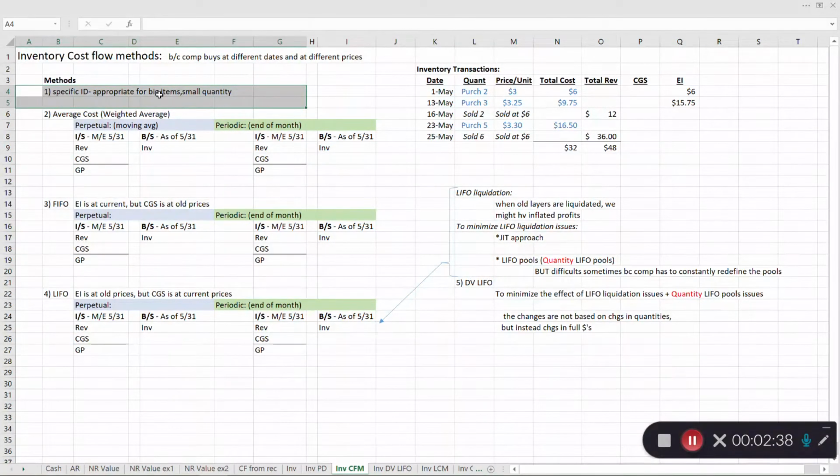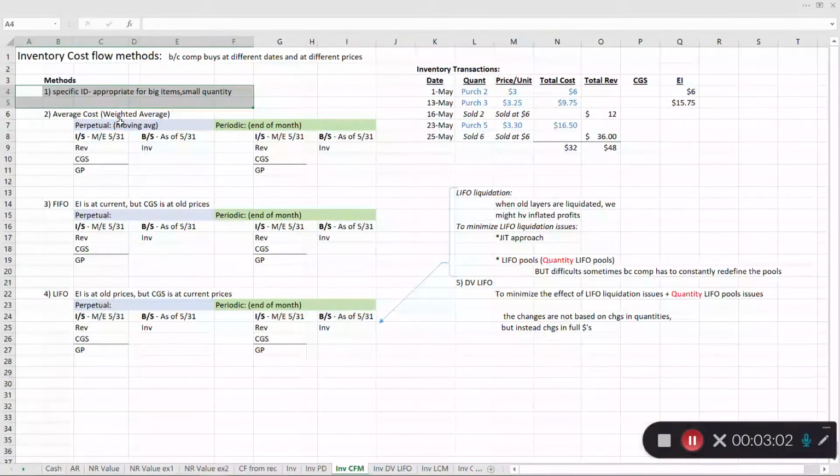So it's very widely used for custom-type builds. If you're making something that is custom, obviously you incur those costs, you quantify those costs, and then that's going to be your cost of goods sold for that specific item. So this one's fairly straightforward in terms of how you account for it.